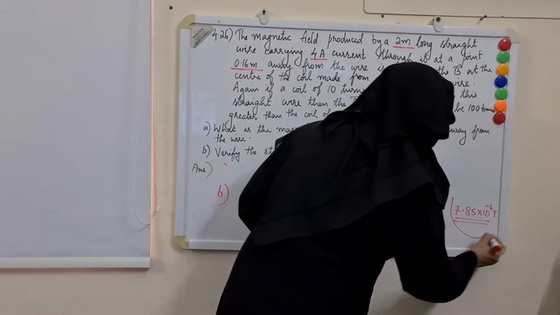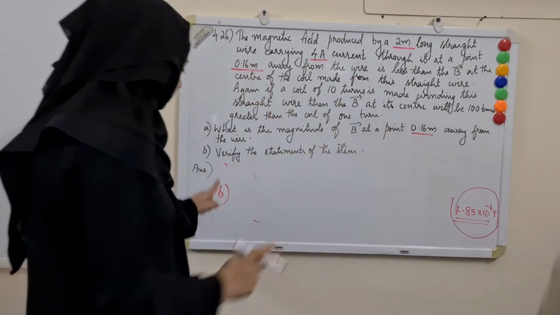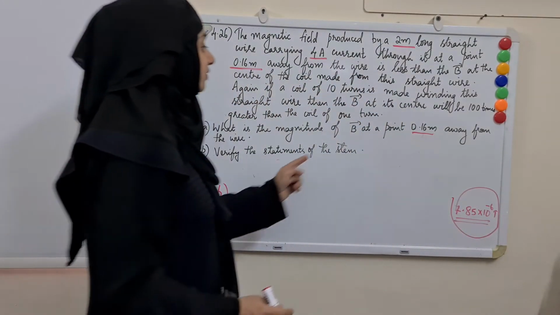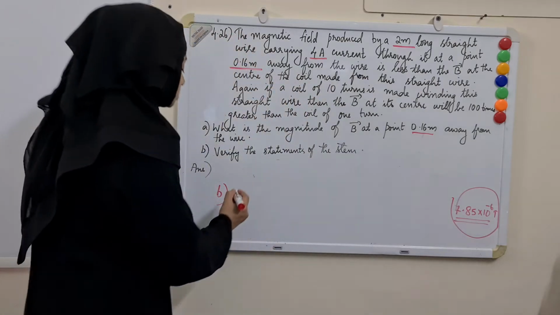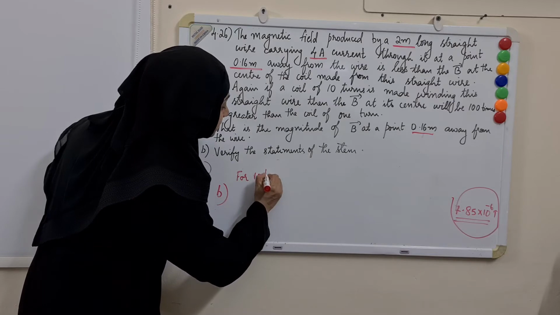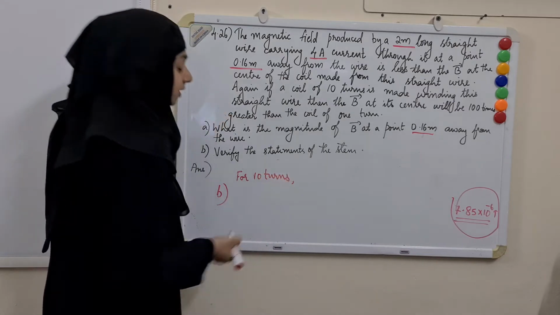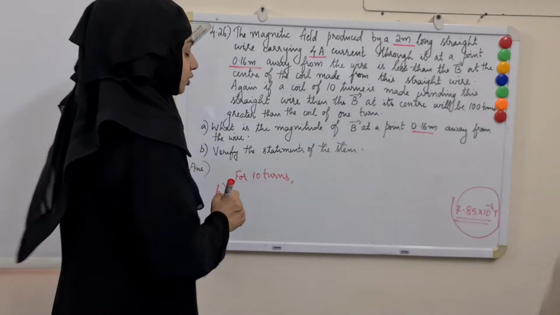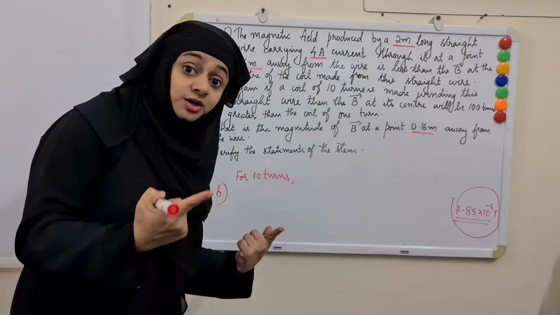This value, we know, is for one turn. Now let us find for 10 turns. For 10 turns, I will express it as B2. So R will be expressed as R2.